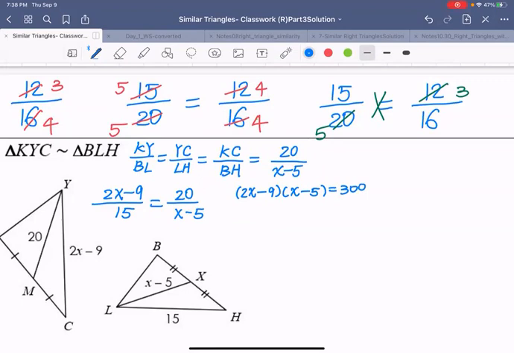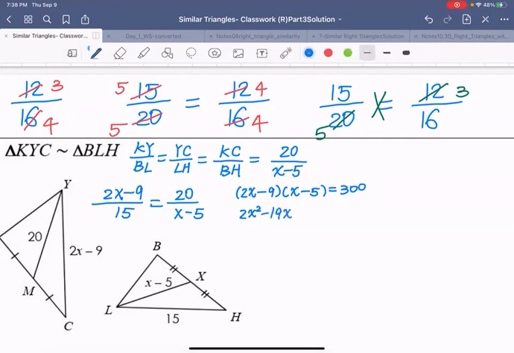So that would be 2x squared. Minus 19x. Very good. You can do this in one step. Minus 10x, minus 9x, minus 19x. That's good.